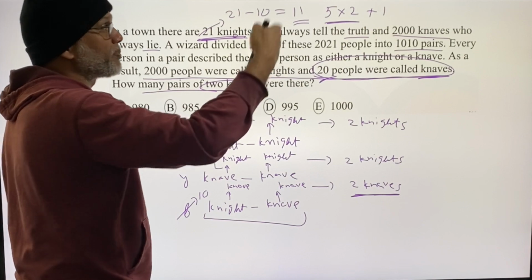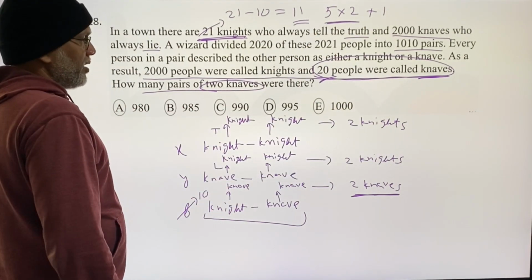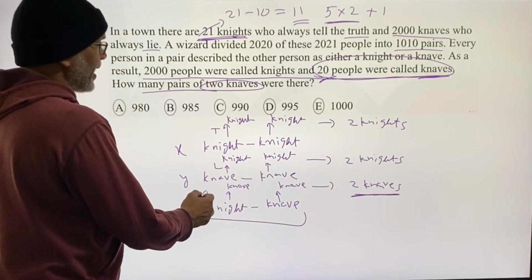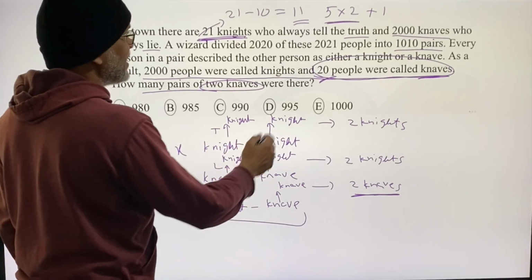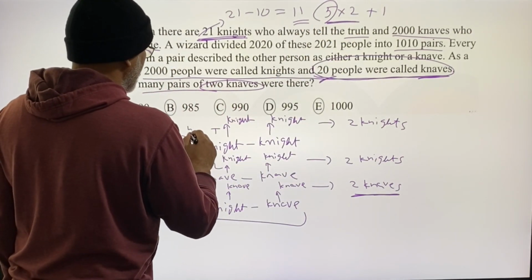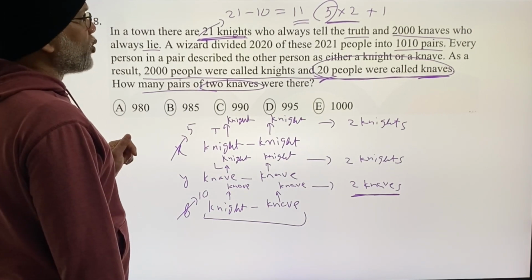Because if it was paired with a knave, then I would have that here, right? Okay, so we know that B is 10 and knight that is 5, so X is 5. Okay, now how many total pairs we have?